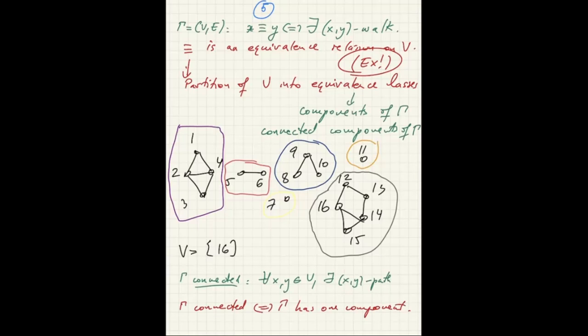Now, coming back to our problem about bipartite graphs, if gamma is a graph, not necessarily connected, the same is true. Gamma is bipartite if and only if gamma has no odd cycles.